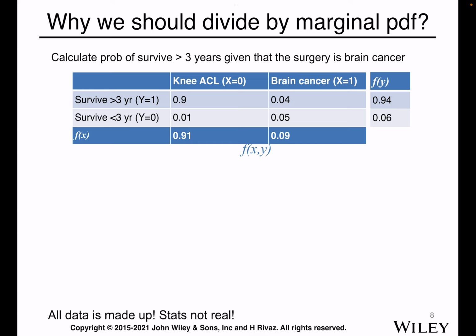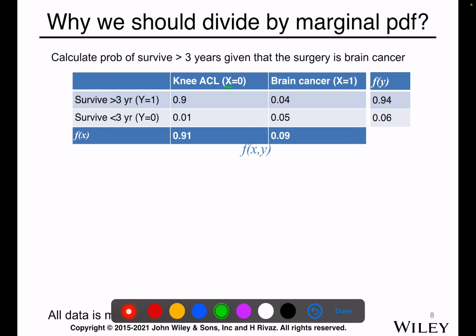So assume that we are looking at two types of surgery, knee surgery and brain cancer surgery. X here defines my type of surgery. So my random variable X equal to 0 means knee surgery, and my random variable X equal to 1 means brain cancer surgery. And my random variable y represents the survival time.